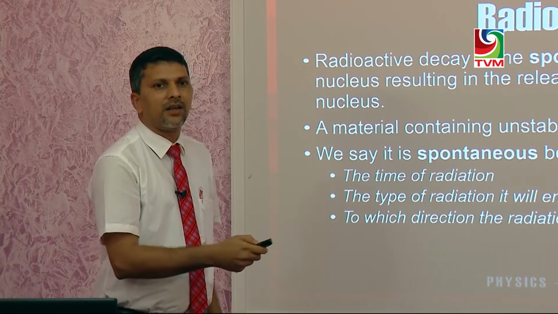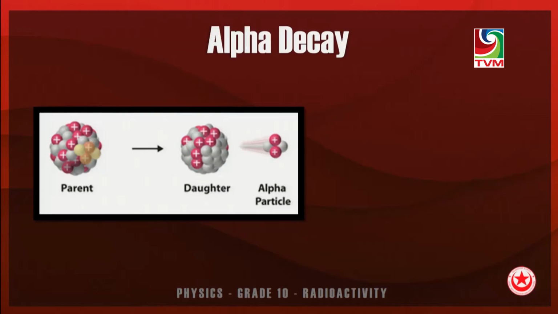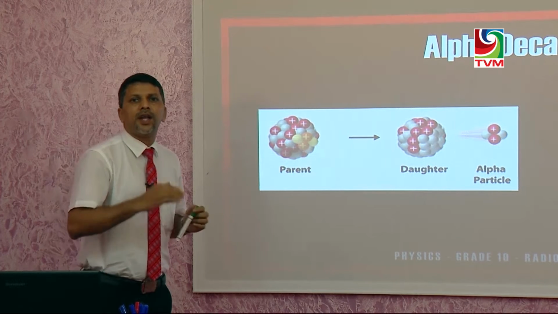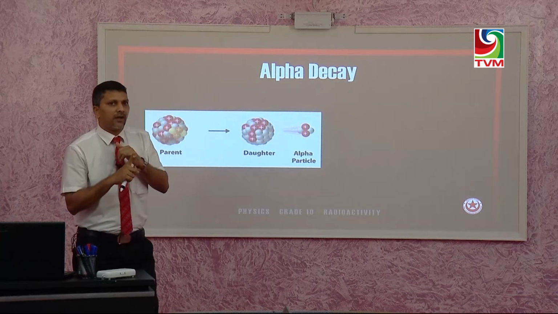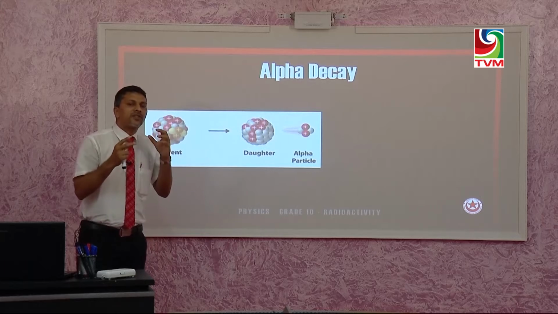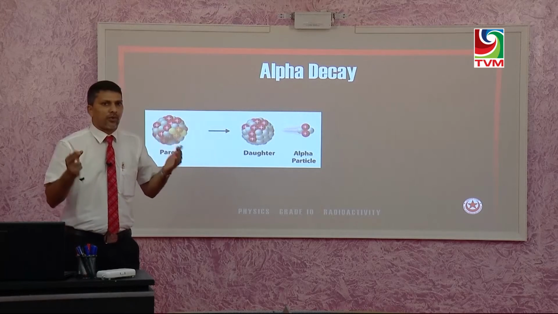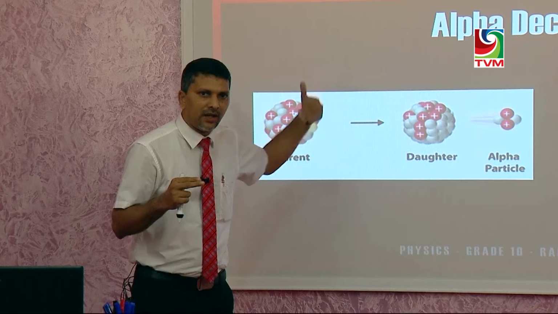First we can check what happens when an alpha decay occurs. Alpha particle, which you already studied in the previous class, is the same as a helium nucleus, and it contains 2 protons and 2 neutrons. When an alpha decay occurs, if the unstable nucleus contains too many protons, this alpha decay occurs.